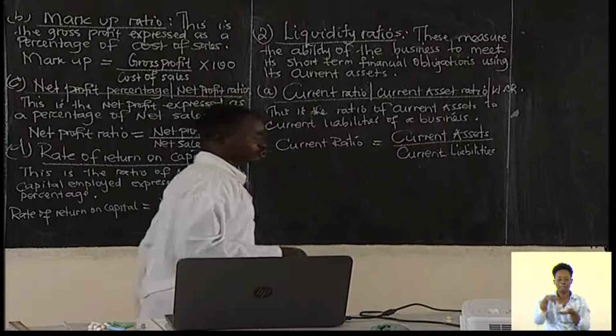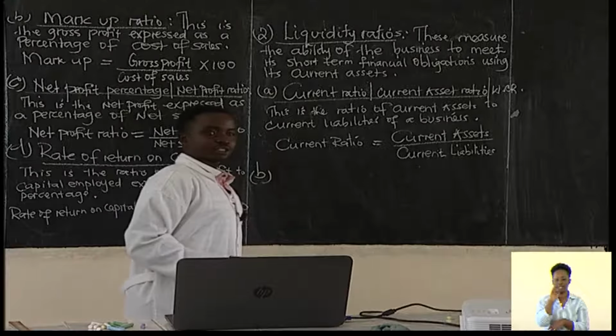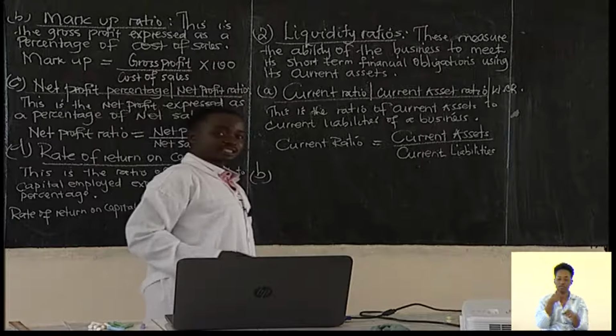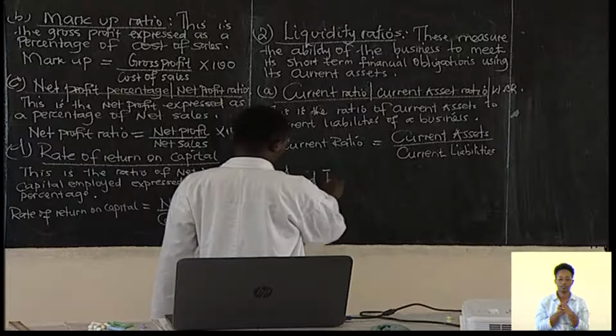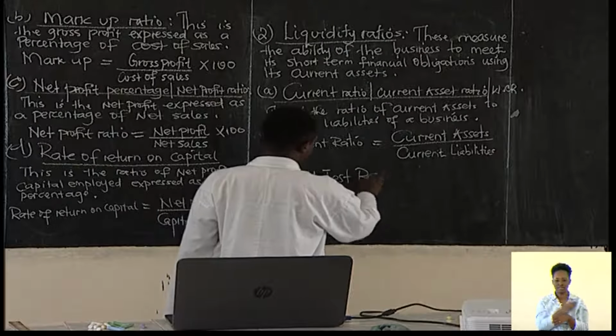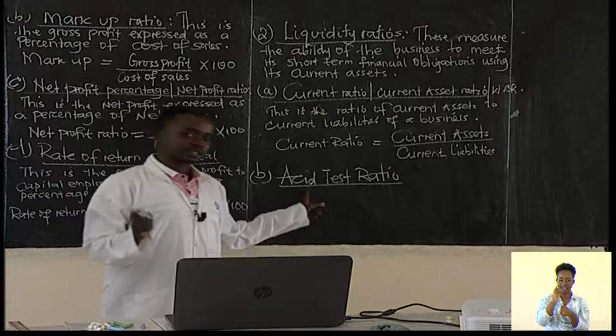That is the current ratio. Then we have another ratio, which is the acid test ratio, or quick asset ratio. The acid test ratio examines the most liquid resources of the business.